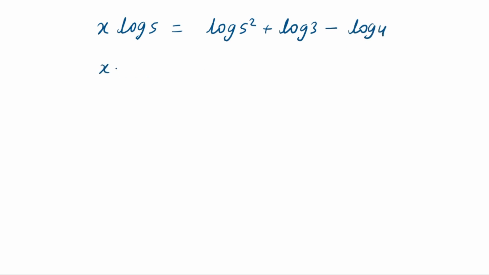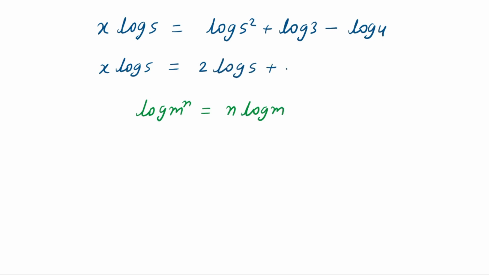On the left hand side, x times log 5, this is equal to, here we will apply the log property, log m power n is equal to n times log m. Here this 5 is m and this 2 is n, so according to this rule we can write this expression as 2 times log 5 plus log 3 minus log, this 4 is 2 power 2.